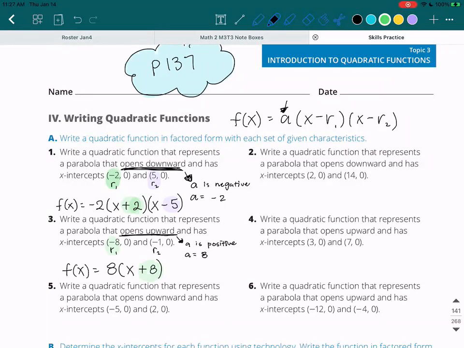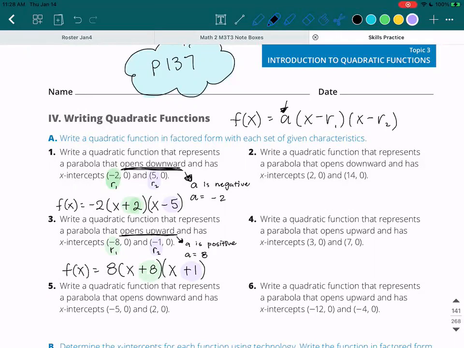Opposite sign. And then over here for our R2, it says -1. So I'm going to have x, should I say +1 or -1? +1, good, is literally the opposite. So if it says -1 there, I'm going to write x plus 1. So this is our factored form.